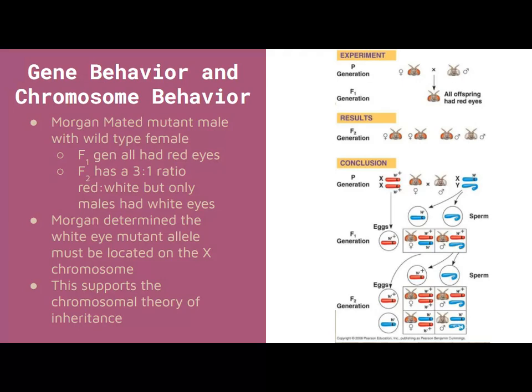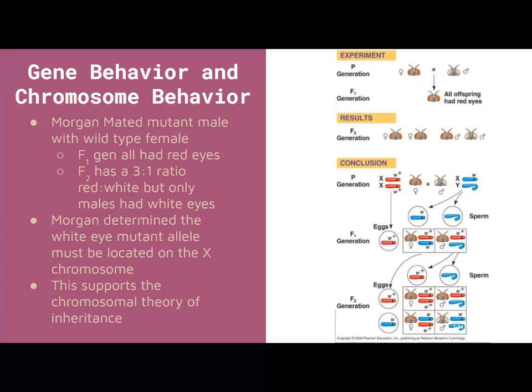There were no females in the population with white eyes, so Morgan determined that this white eye mutant must be located on the X chromosome, because there was no way for female offspring to have a recessive phenotype, because there was no way that they had 2 copies of the gene.